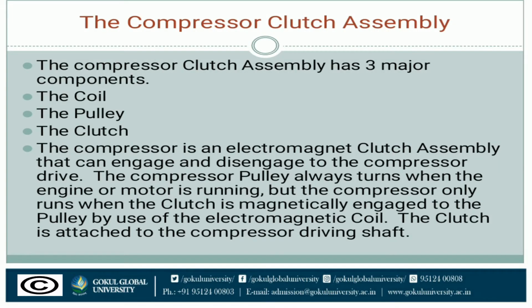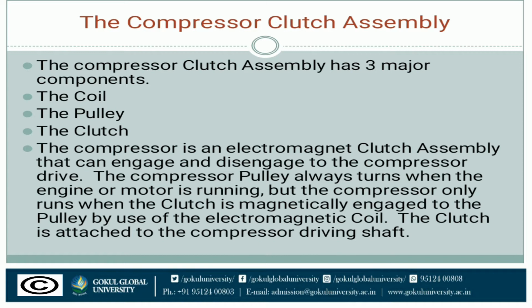The compressor clutch assembly has three major components: the coil, the pulley, and the clutch. The compressor has an electromagnetic clutch assembly that can engage and disengage the compressor drive.